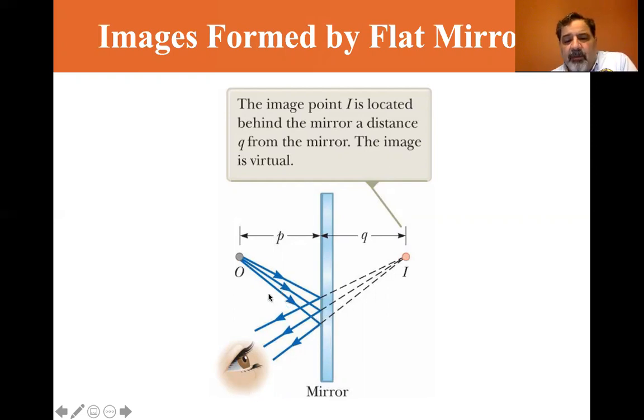If you recall, the incident angle is equal to the reflected angle, and so they diverge. They come off of here and hit your eye, and they appear to diverge from an image that's pointed over here. This is the virtual image. This is the object. This is the virtual image.